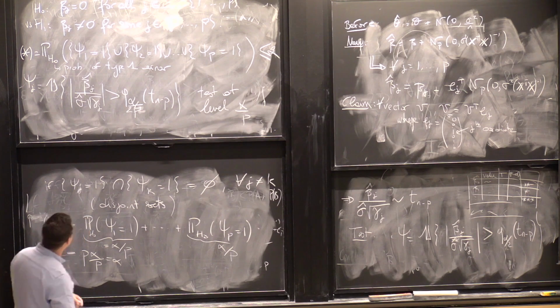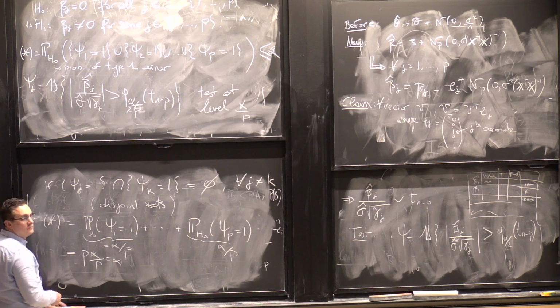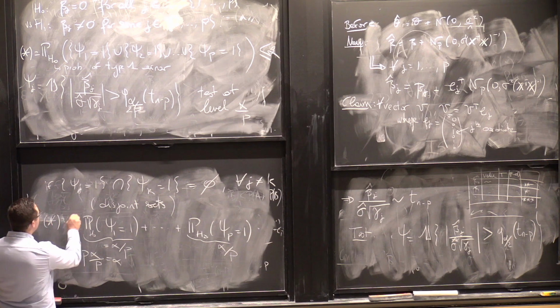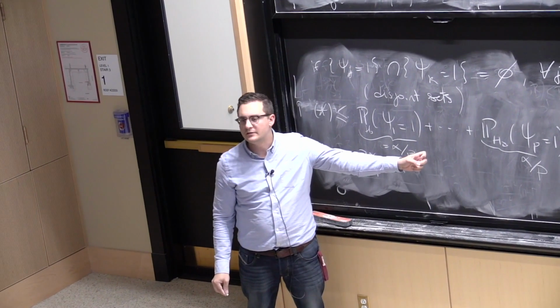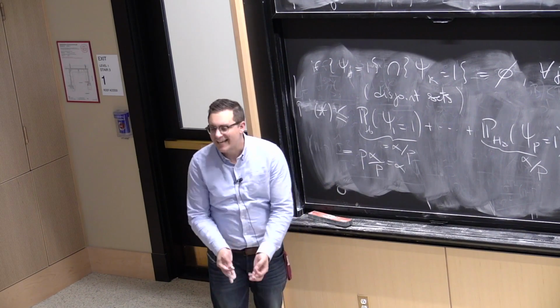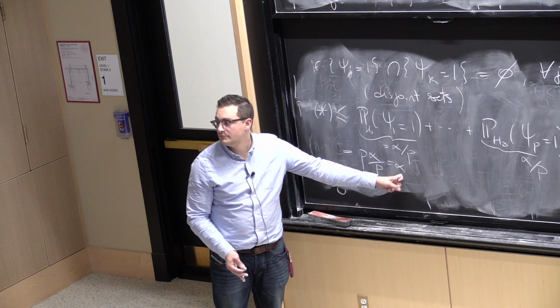Now, one thing I need to tell you is that here I said if they are disjoint, then those probabilities are equal. But if they're not disjoint, the union bound tells me that the probability of the union is less than the sum of the probabilities. And so now I'm not exactly equal to alpha, but I'm bounded by alpha. All right?